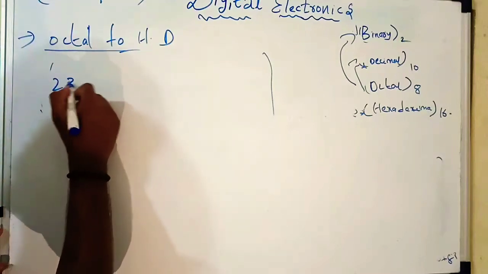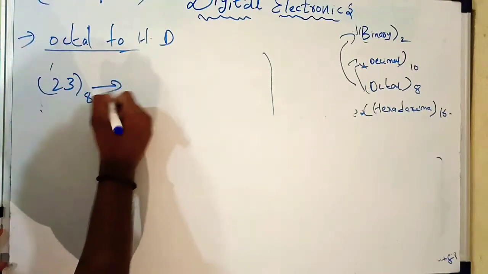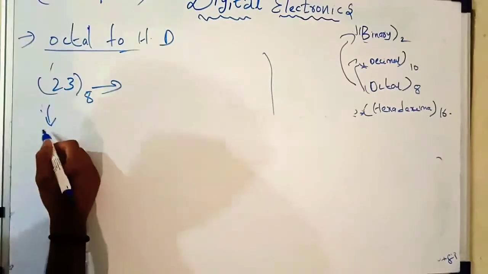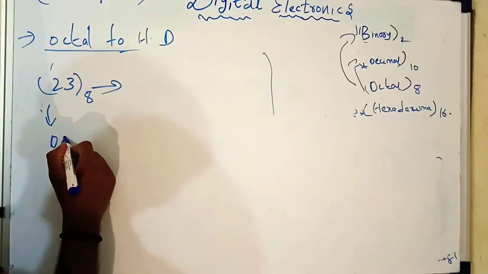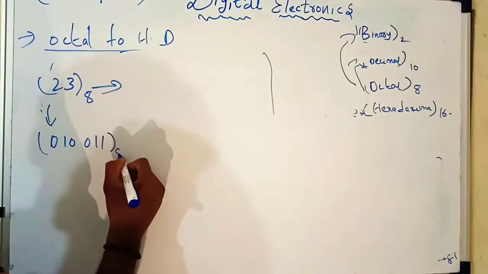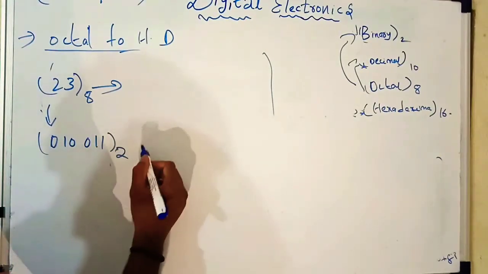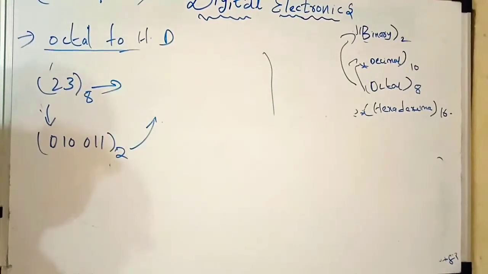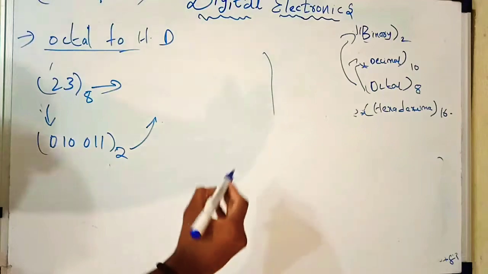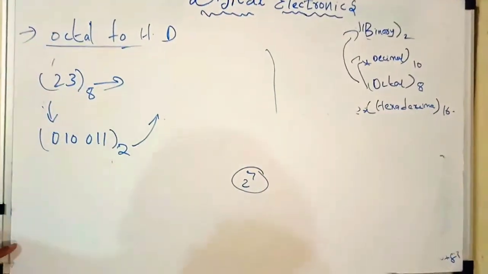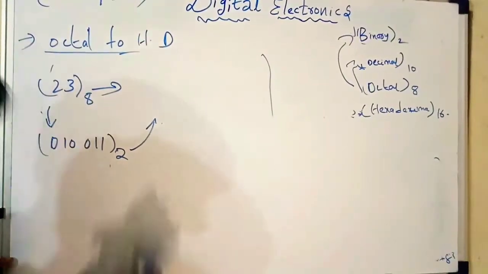Take an example of 23. Here convert these two digits in terms of bits. 2 means 0 1 0, 3 means 0 1 1. This is in terms of binary. Now convert this into hexadecimal. For hexadecimal the base value is 16. 16 means 2 power 4, so we need 4 bits for representing in hexadecimal.